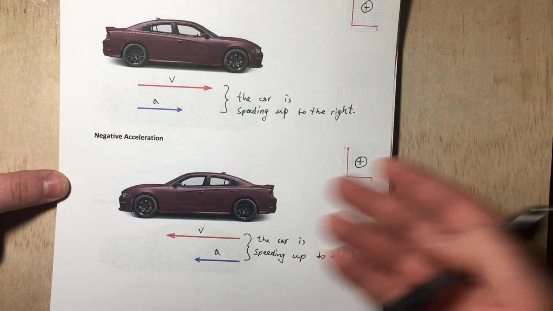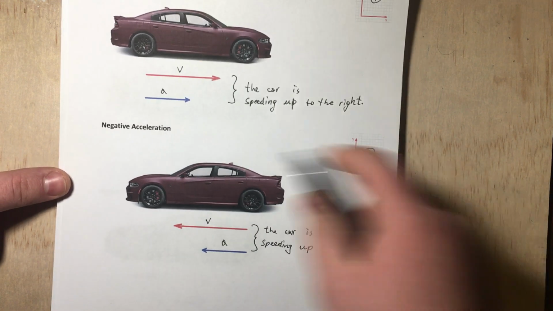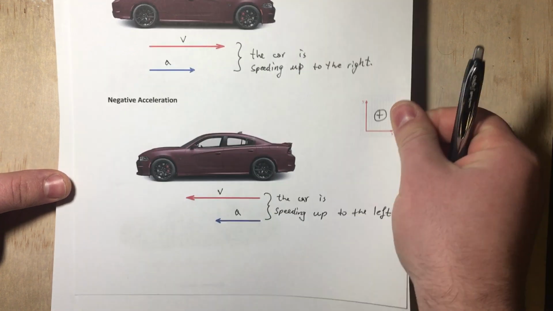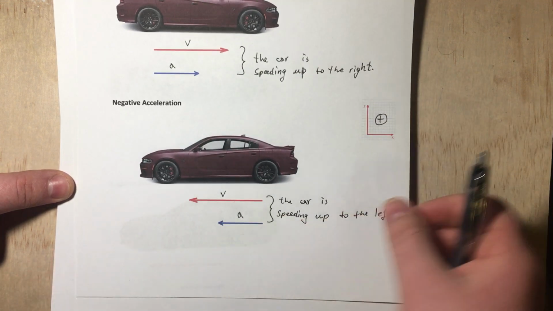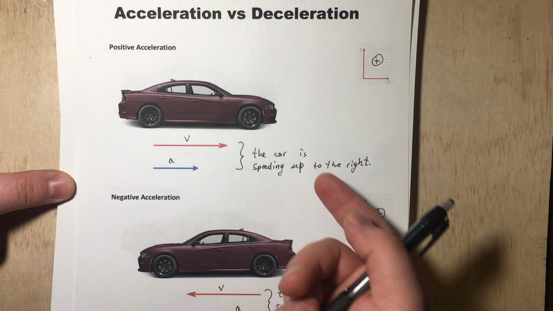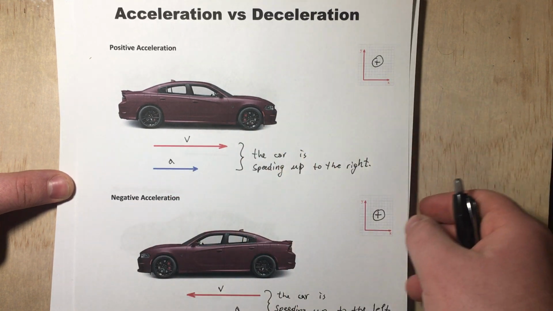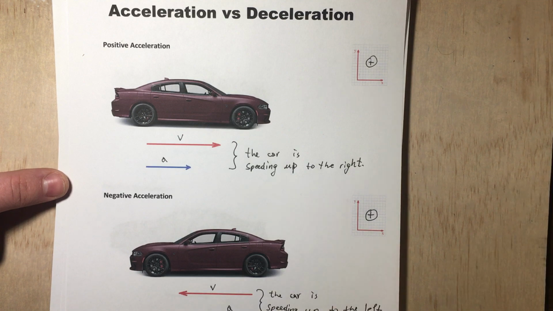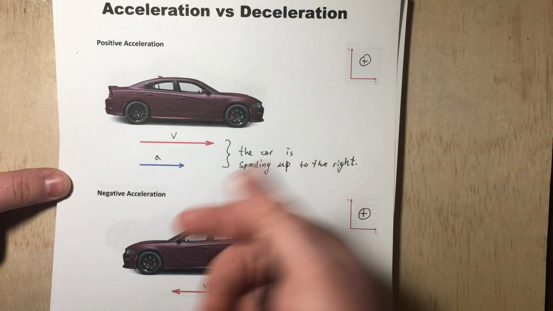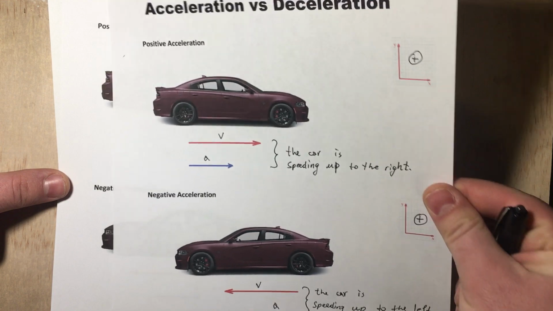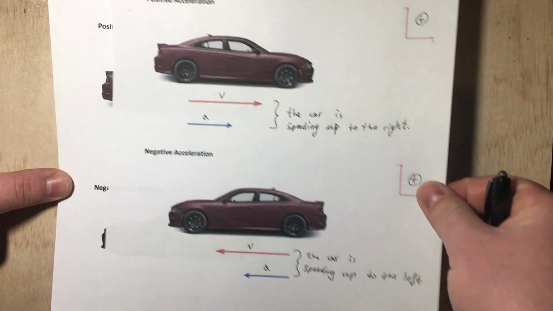So the car is accelerating, it's not decelerating. So right here, they're both pointing to the right, and in the other case, they're both pointing to the left. So in both cases, the car is accelerating, but in one case, it's accelerating to the right, and in the other case, it's accelerating to the left, so the car is speeding up to the left.